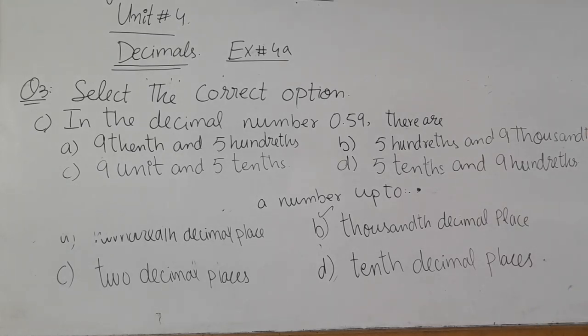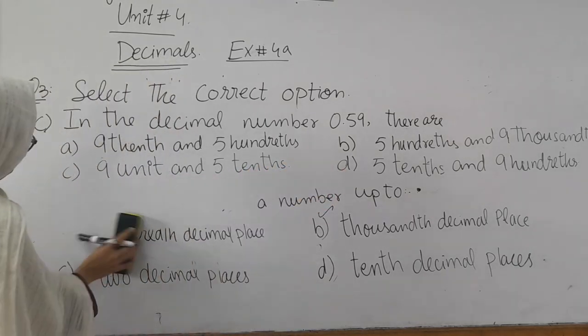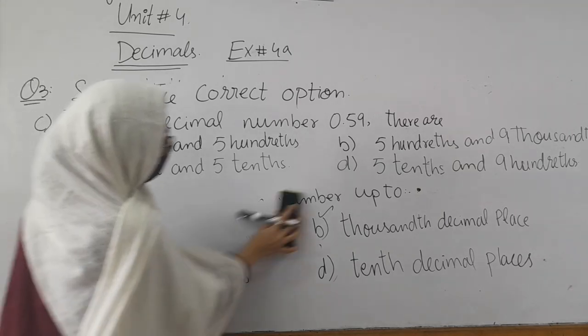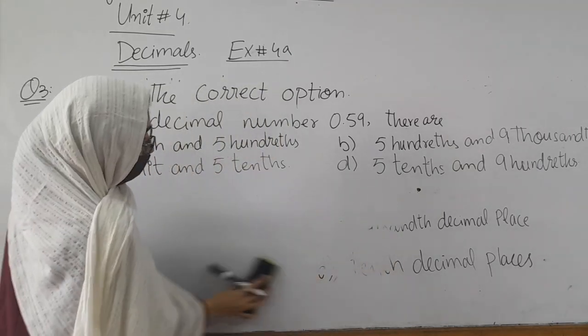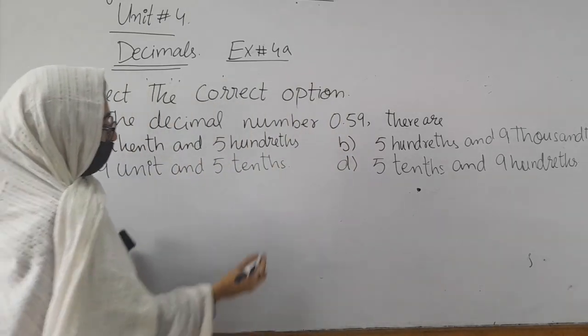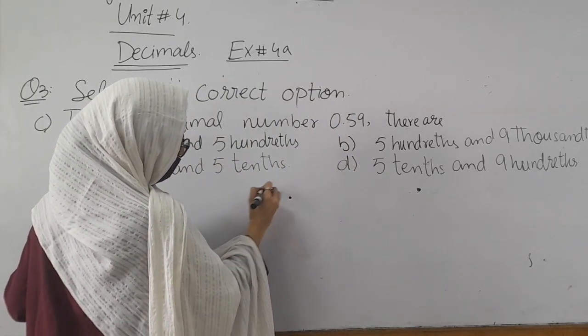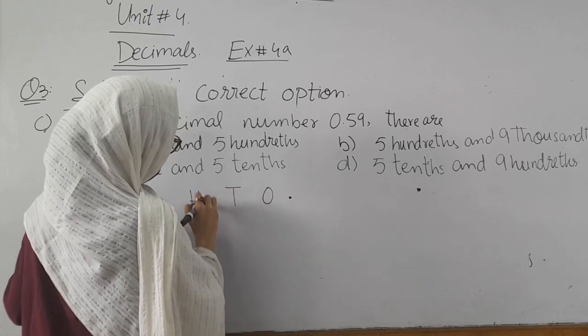In the decimal number 0.59, there are 9 tens and 500s, 500s and 9,000s, 905 tens, 5 tens and 900. With the help of the place value table, you will easily recognize the correct answer. In the place value table, before the point we have ones, tens and hundreds.